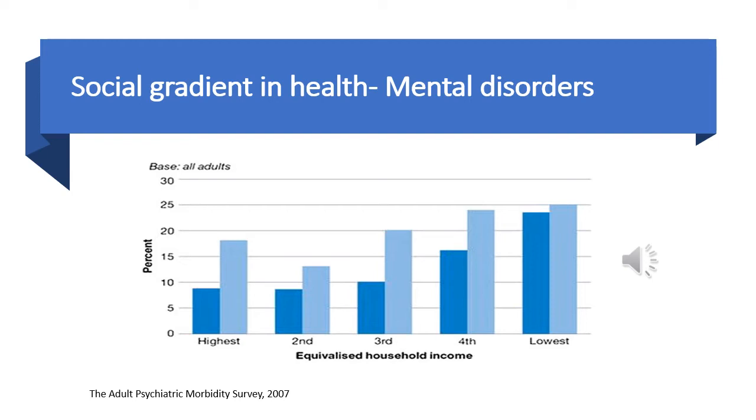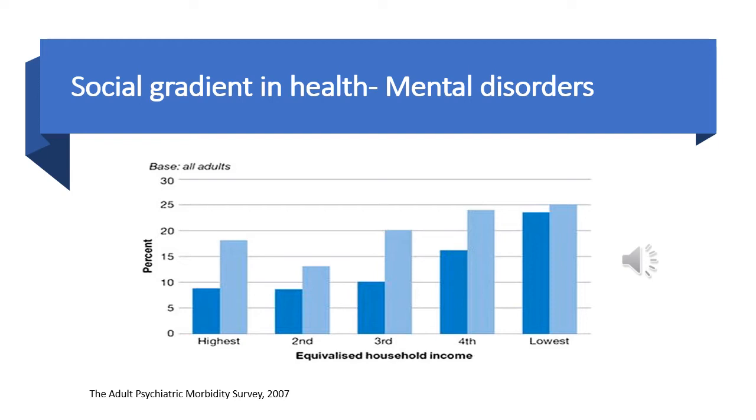So as you can see, there is a gradient in the prevalence of mental disorders across the highest income versus the lowest income and among male versus female.